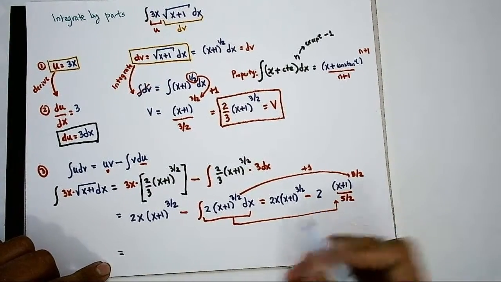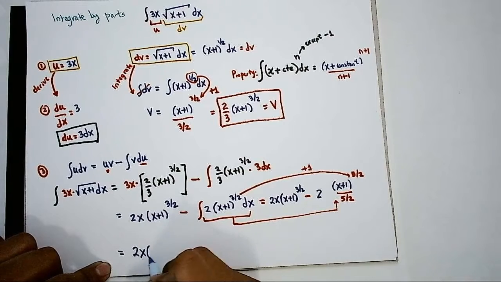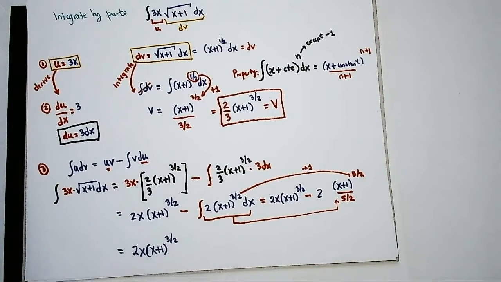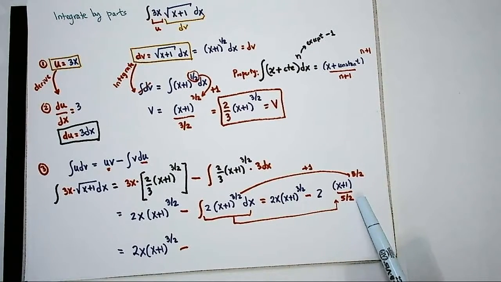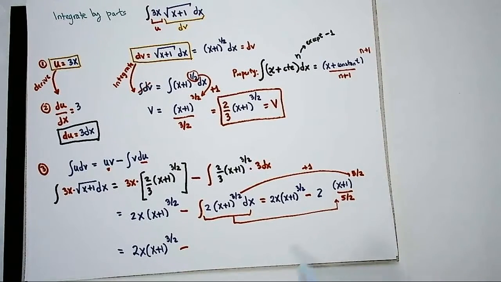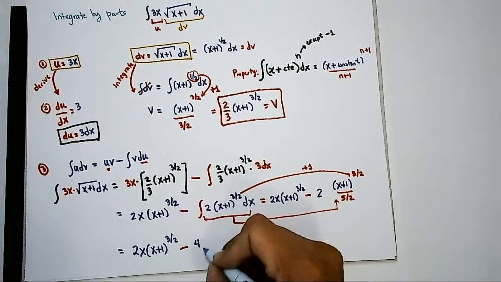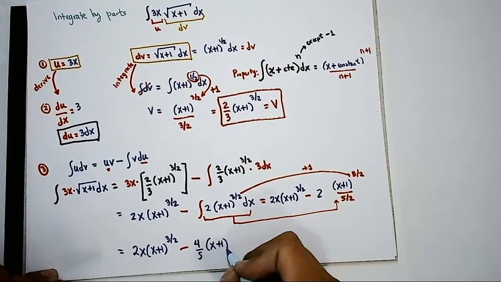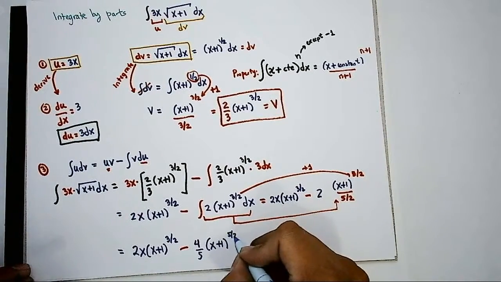Finally, this is going to be 2x times x plus 1 to the 3 halves minus. Notice that we have in the denominator 5 over 2. This can be translated in the numerator as 2 over 5. 2 over 5 times 2 is 4 over 5 times x plus 1 to the 5 halves.